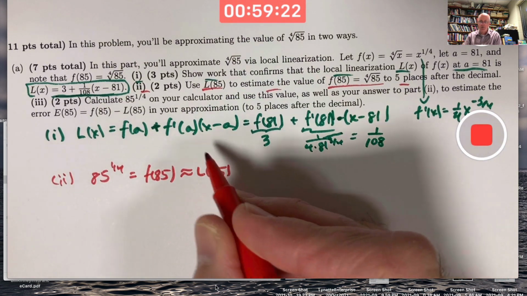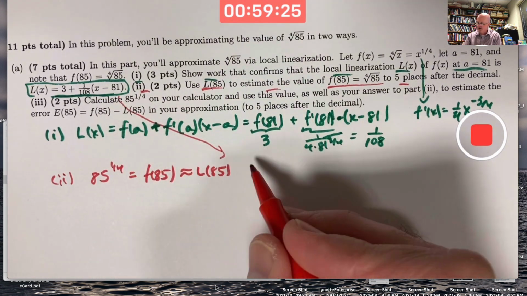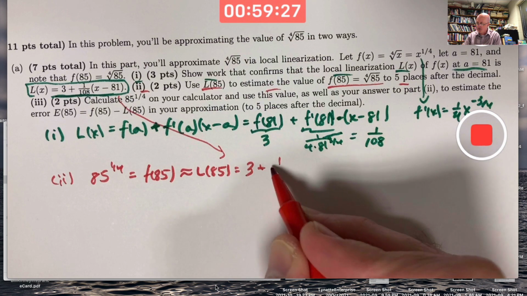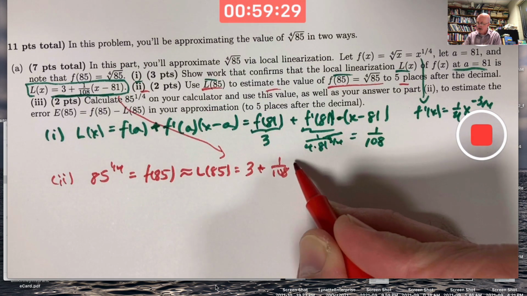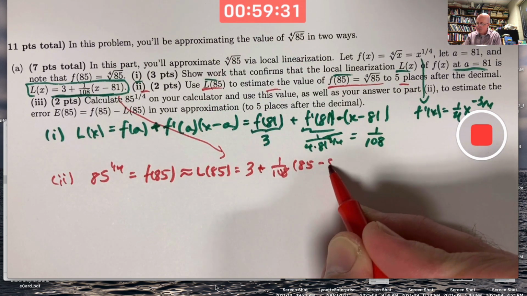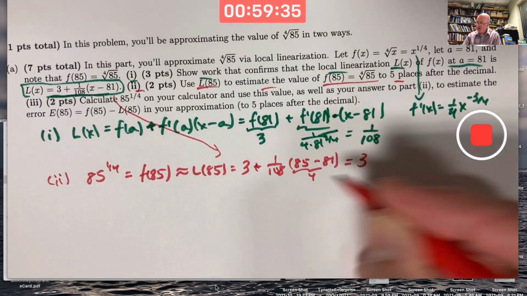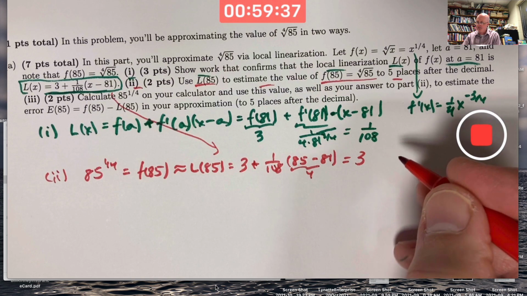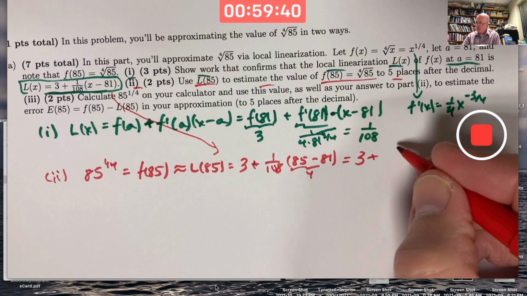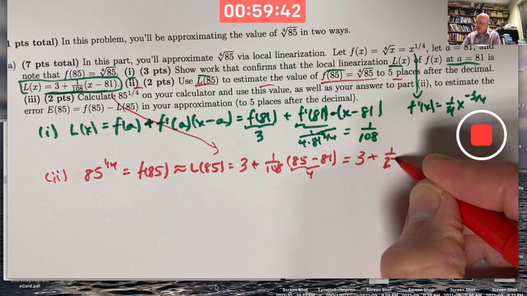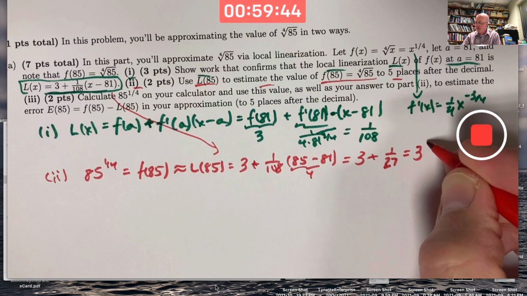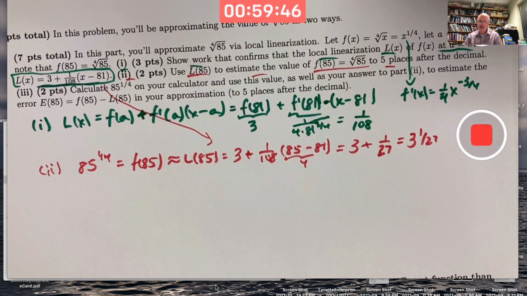And just plug into the formula. So you're going to get 3 plus 1/108 times 85 minus 81, which is 4. 4/108 is going to be 1/27th. So 3 and 1/27th is why I want to write it as a mixed number is the answer.